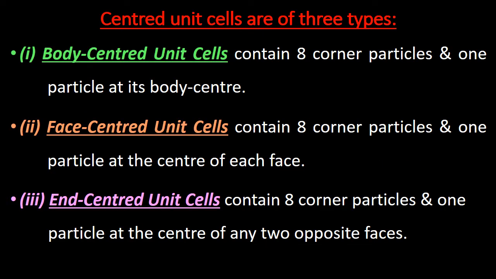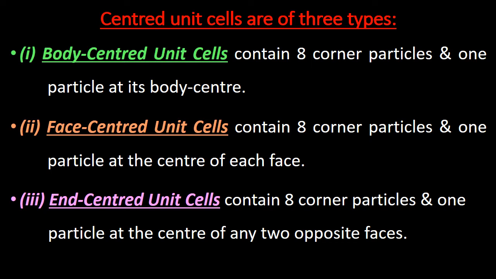In centered unit cells there are three types: body centered unit cells, face centered unit cells and end centered unit cells. Body centered unit cells contain 8 corner particles and 1 particle at the body center.